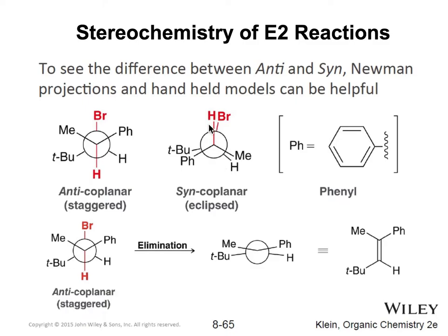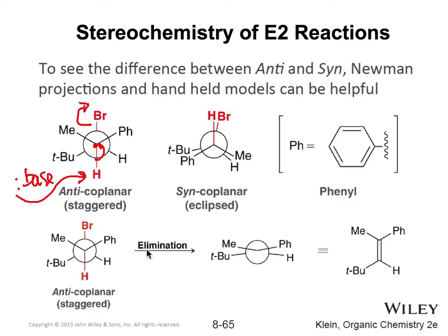And here we have them being in the same plane as well, but they are not 180 degrees apart. You see here, the base can come and will form, you see that the elimination will happen in the carbon-carbon bond in between the front and the back carbons, and then the leaving group will leave.